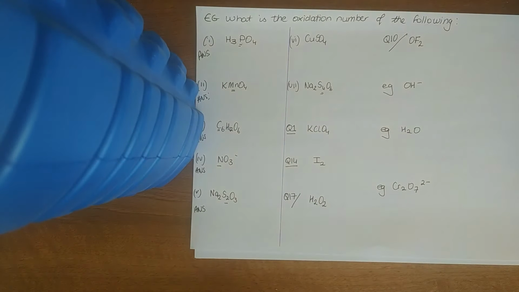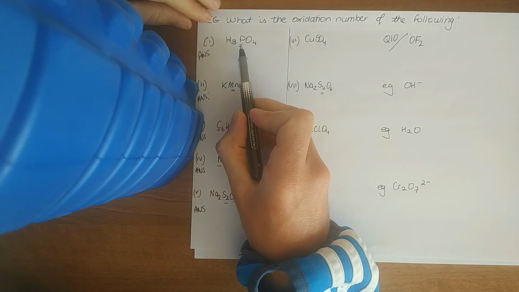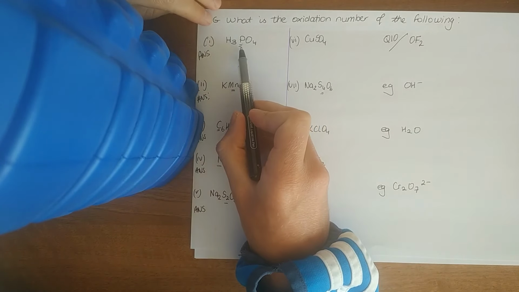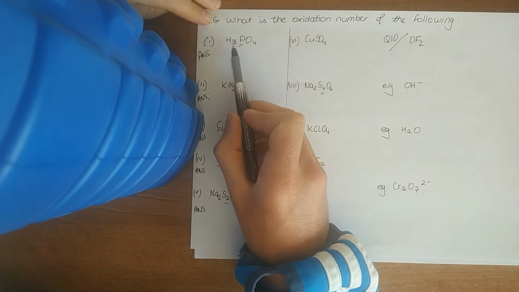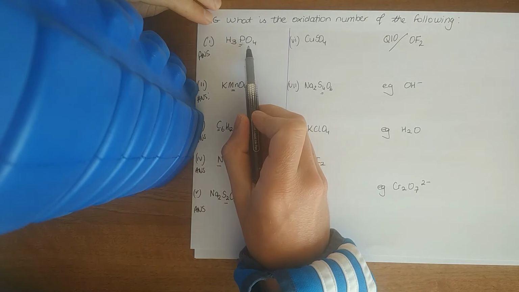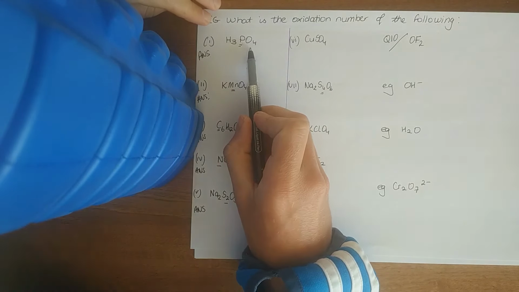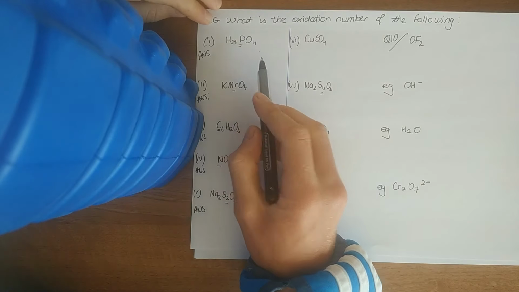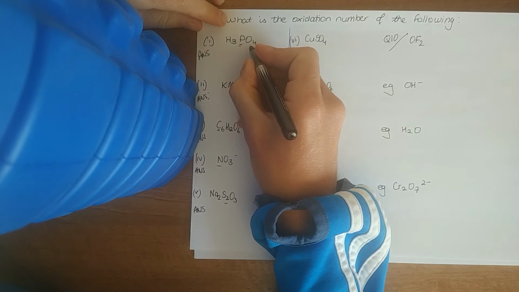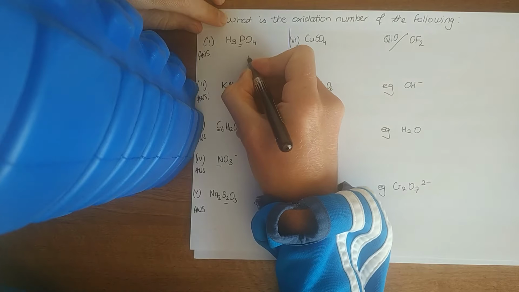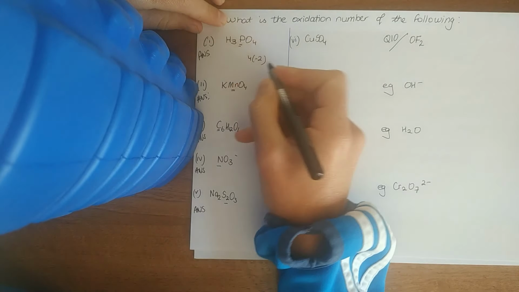So what is the oxidation number of the following? They've asked you, from your examples and your notes, what is the oxidation number of phosphorus in H3PO4? Now I always start with my oxygen. Oxygen has an oxidation number of -2. How many oxygens are there? There's 4. So 4 times -2.